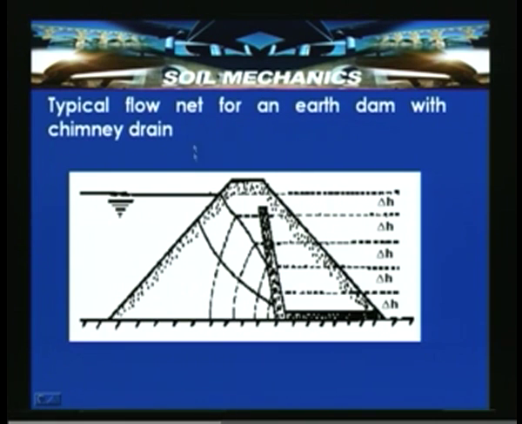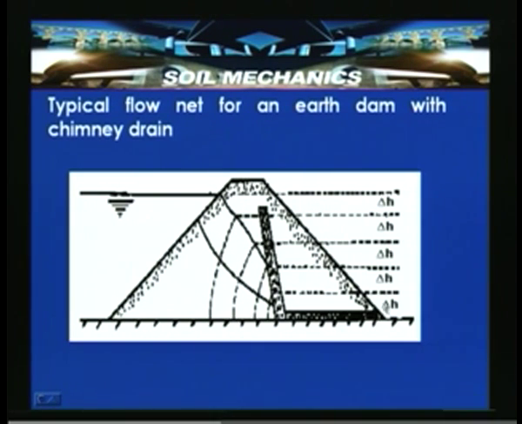So here this particular portion again is qualified as an equipotential line with head h, whatever it is here, small h, if the small h is the head loss which is causing the flow, and that is considered here as h. Based on that, these are the equipotential drops which are going to occur, represented here as delta h.